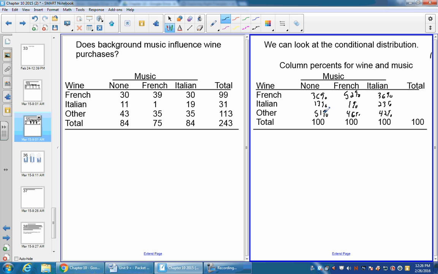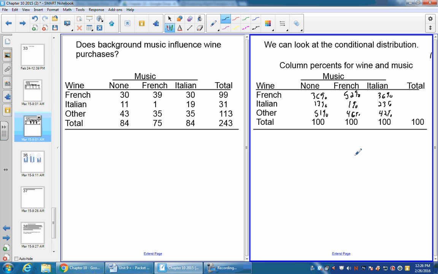So it looks like when they played these types of music, the other went down slightly. When they played Italian music, it went up, and then French didn't seem to be all that affected whether they were playing no music or Italian music.